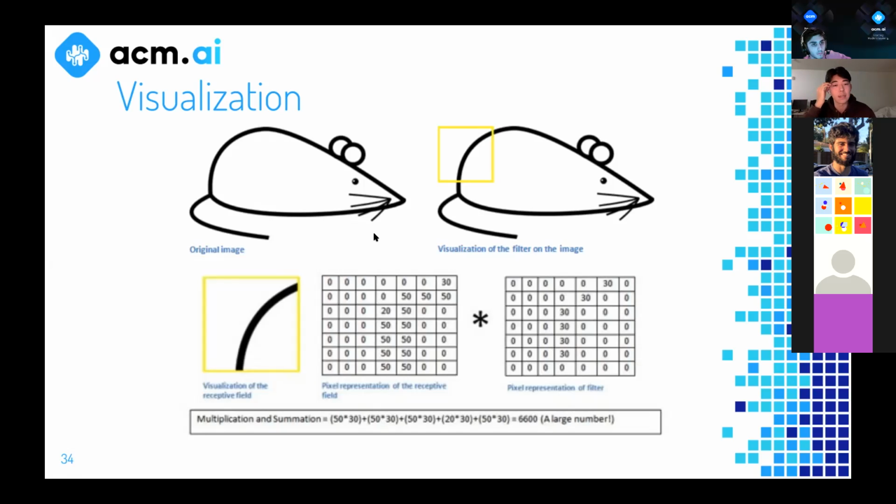In our case, the ears are little circles next to each other, so our filter would look like numbers in a circle followed by another numbers in a circle, right? When we get to a portion of the mouse that has the ears, we want our filter, when element-wise multiplied with that local receptive field, to give us a large number, indicating that we found something that in this case looks like ears.